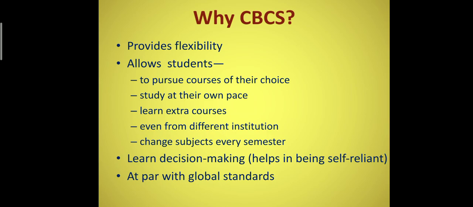So in CBCS there is a provision for selecting courses of different numbers of credits whenever you want to choose any course. For example, I as a student can take 5 courses of 2 credits to complete 10 credits.